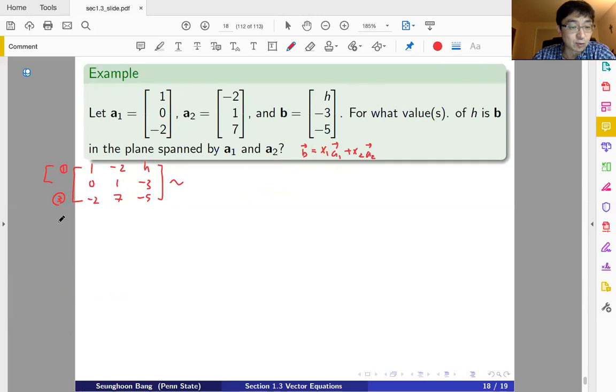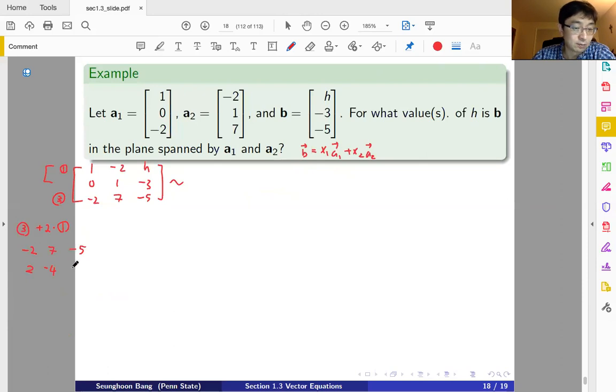How can I eliminate the negative 2? Here, third row plus 2 times first row. The third row is negative 2, 7, minus 5. The 2 times first row: 1 times 2 is 2, 2 times negative 2 is minus 4, and h times 2 is 2h.